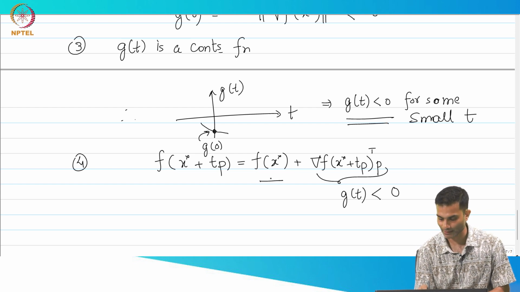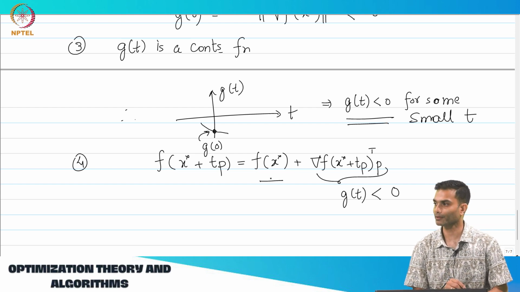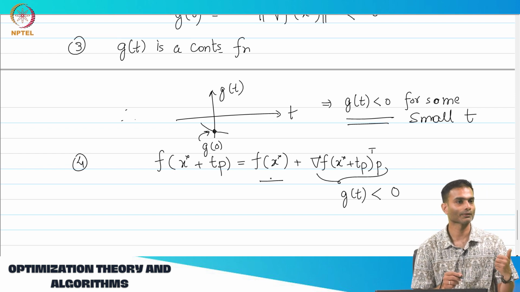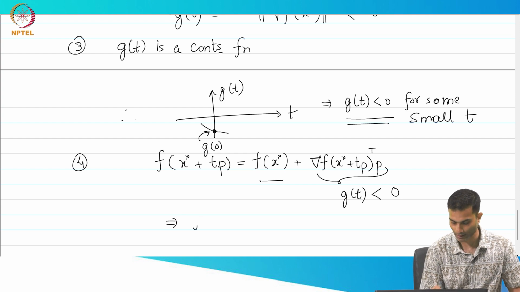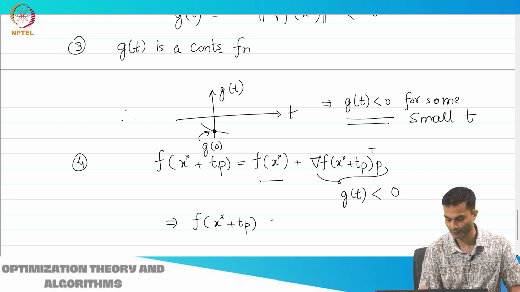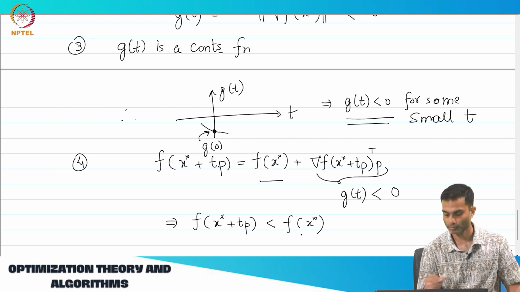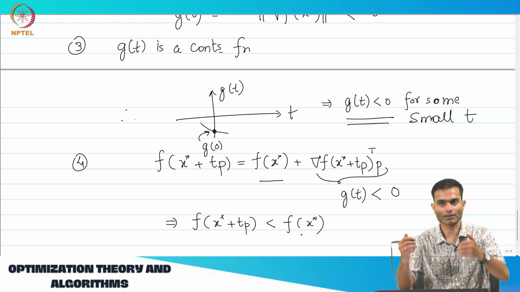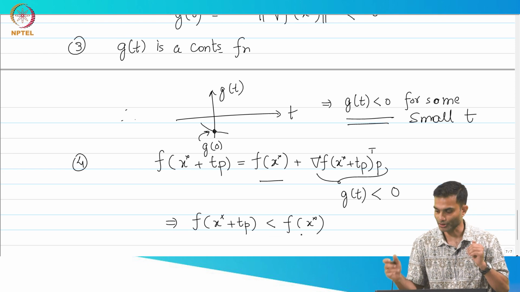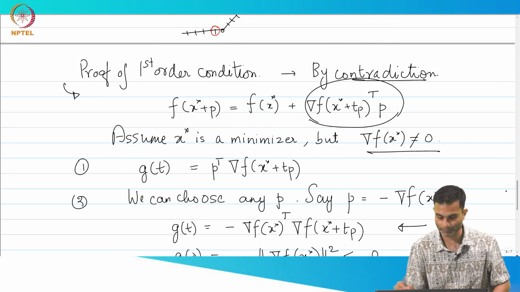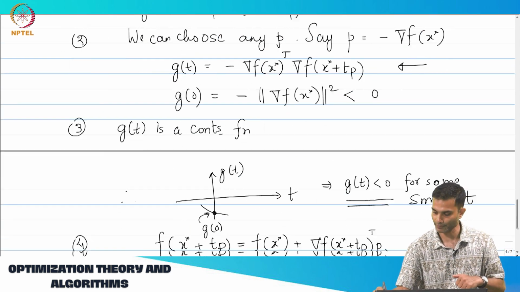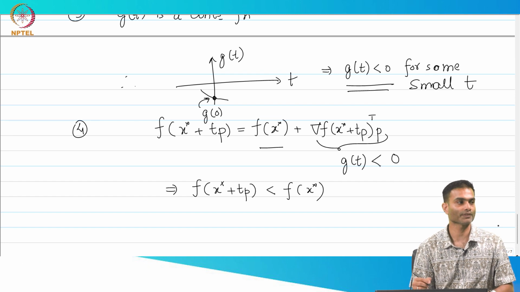I have f of x star plus a negative quantity is equal to f of x at some other point. What does that imply? It implies that there is some point given by this t and p which is less than f of x star, strictly. Its function value is lesser, it's f of x star minus something, therefore it is lower, right? So this contradicts our original statement which said that assume x star is a minimizer. Therefore I have found a new point given by x star plus tp, which has a lower function value.